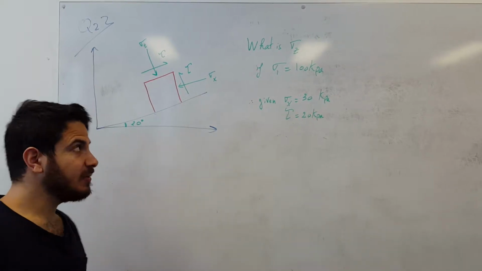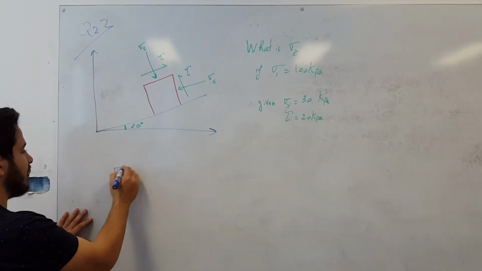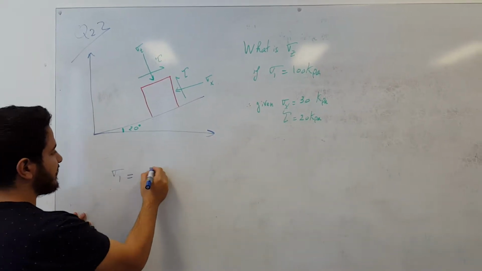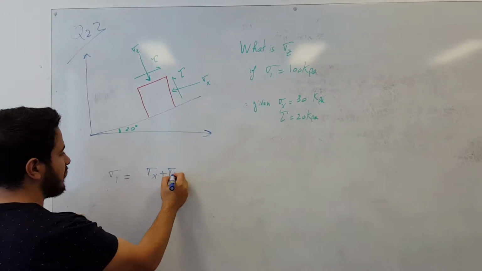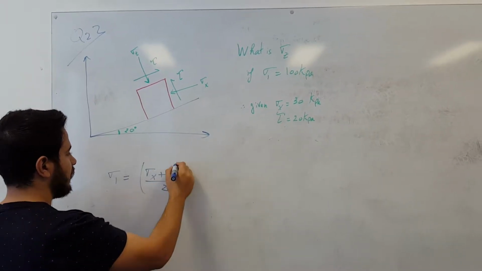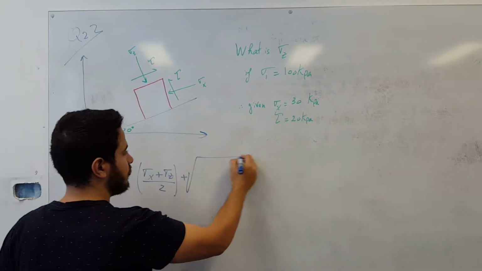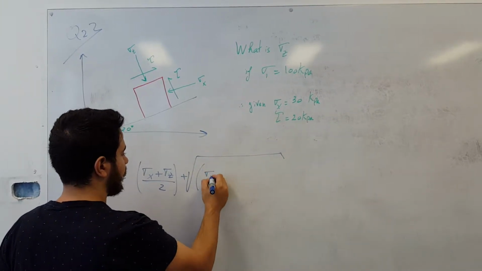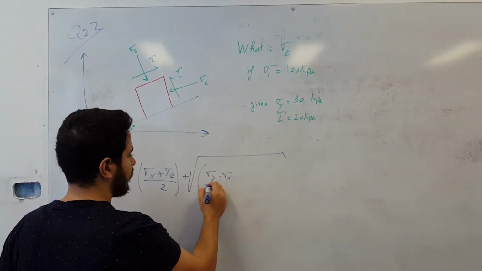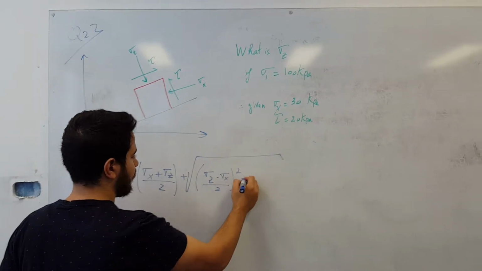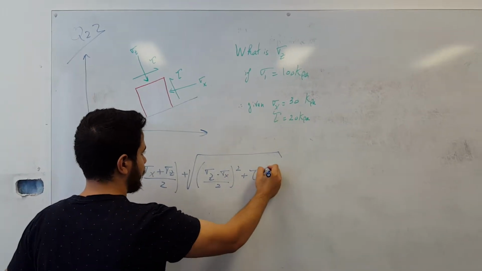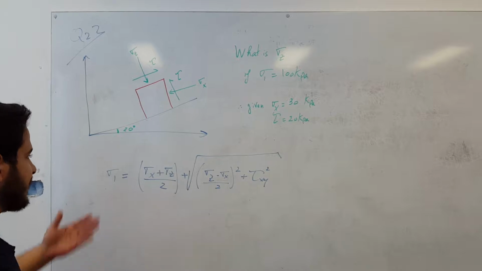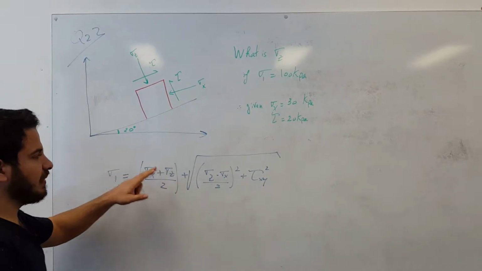Using the equation way, you can say that sigma 1 equals sigma x plus sigma z over 2 plus the radius of the circle. So you can see sigma 1 is given, sigma x is given, and tau is given.